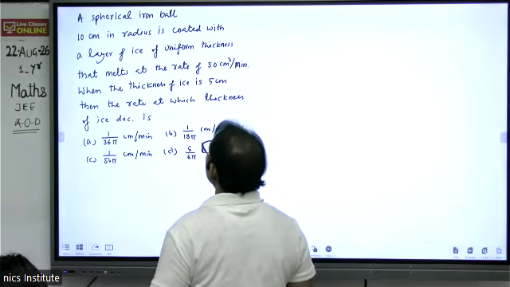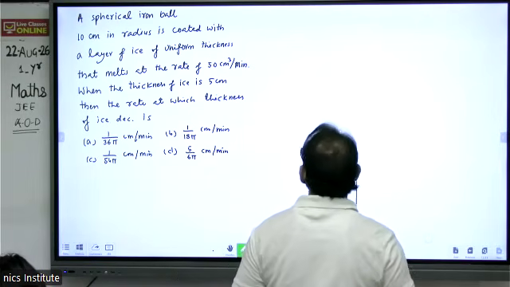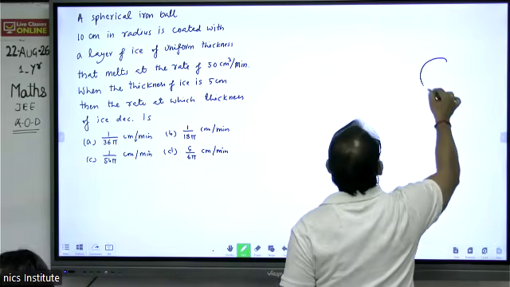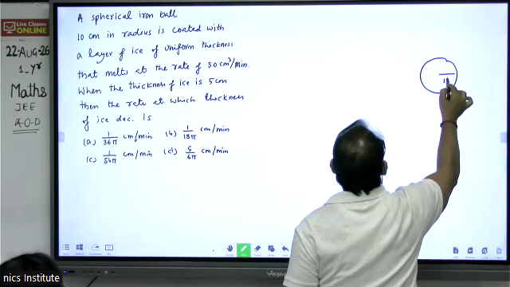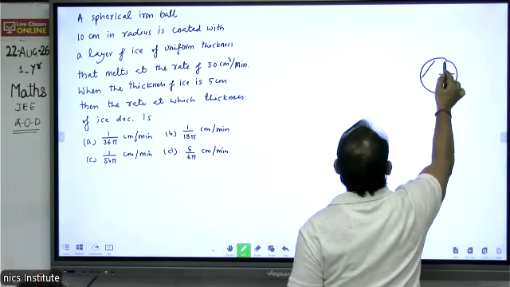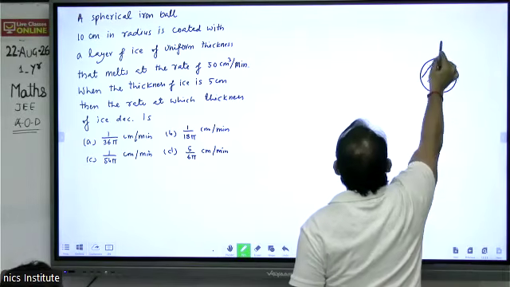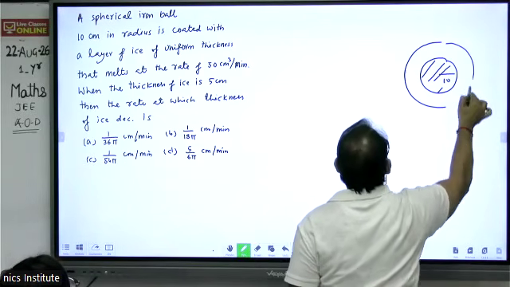Spherical iron ball, 10 centimeter radius, coated with a layer of ice. So this is 10, this is iron, and then you have a layer of ice.